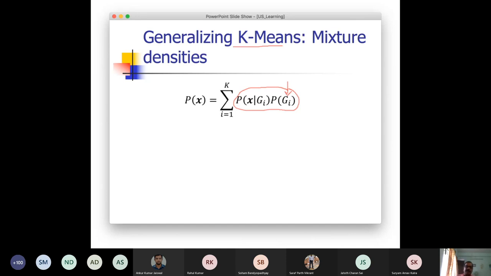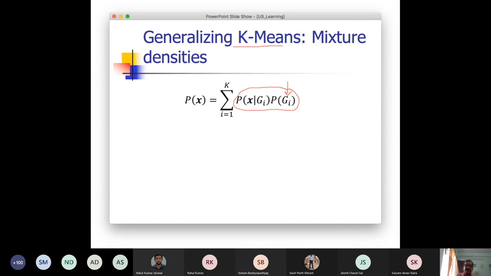So the problem is that I have given you the data points only. How do you get these parameters? Now it becomes a kind of parametric estimation. Your clustering boils down to estimating the parameters of these density functions.